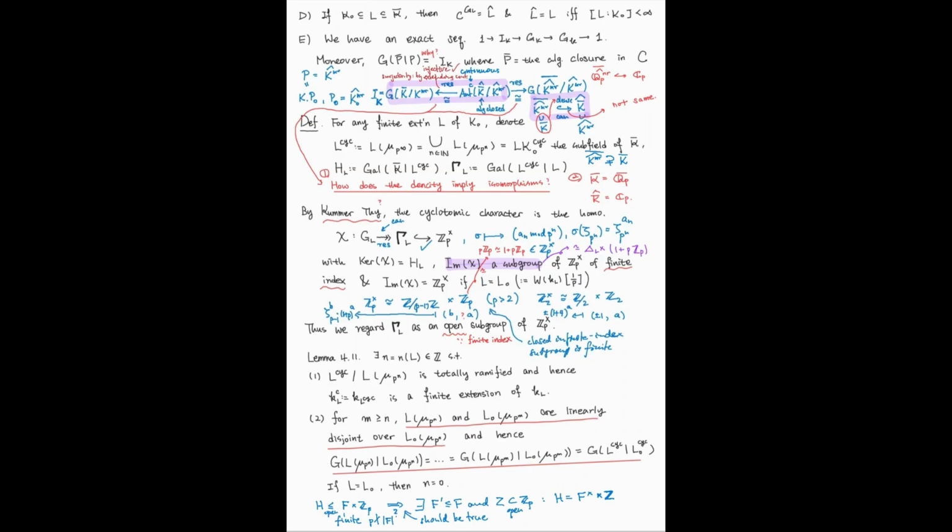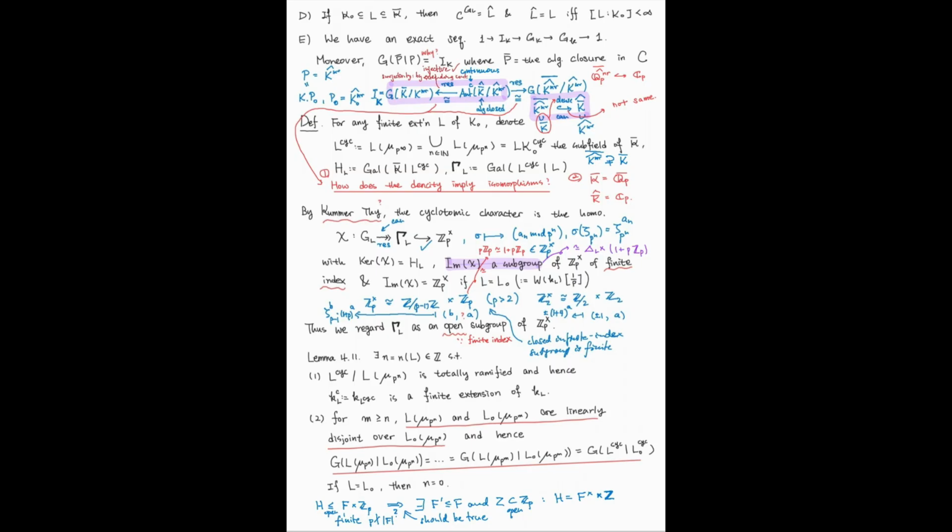But if you complete the right hand side, if you complete this one, then you are getting a field which contains this one. But they are not equal, because this one here is not complete.